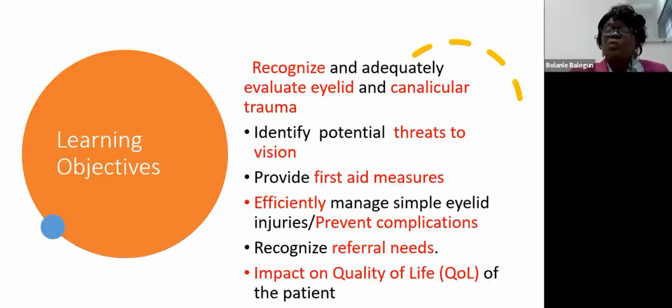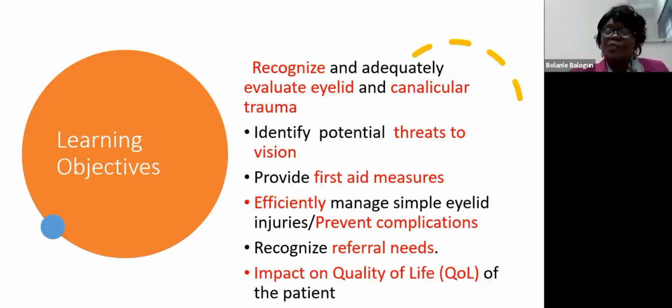We should be able to provide first aid measures for these patients, especially if we are not in oculoplastics where you have complex cases coming in. It's also important that we are able to efficiently manage simple eyelid injuries. We all need to know, and also to prevent, complications.